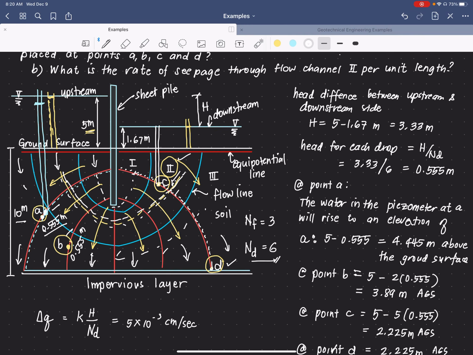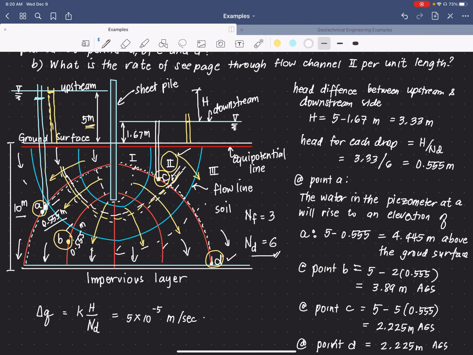If you want the rate in meters per second, we have to divide this by 100, so this becomes meters. Then H over N sub D is already known, which is 0.555.